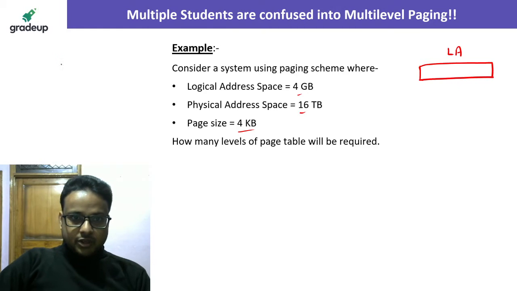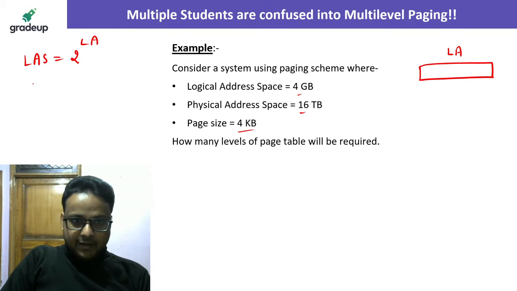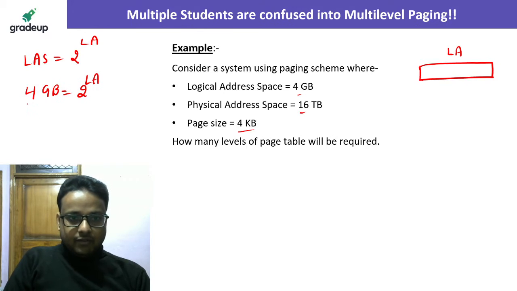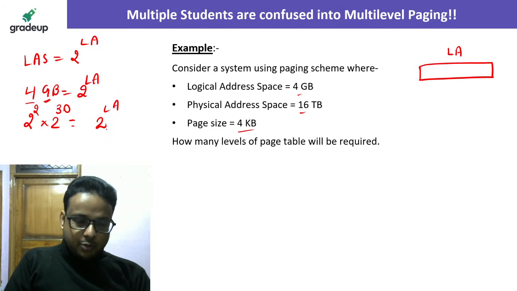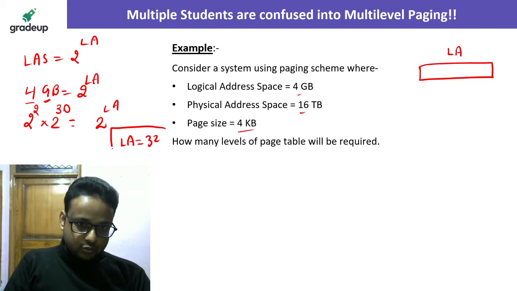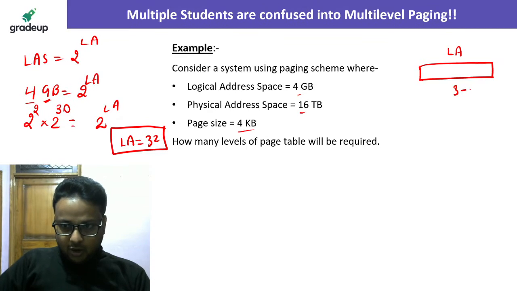Logical address space is equal to 2 to the power LA, and they say the logical address space is 4 GB, which is 2^2 times 2^30, equal to 2^LA. So LA will be 32, and the complete logical address of 32 bits is divided into P and D, as you know.